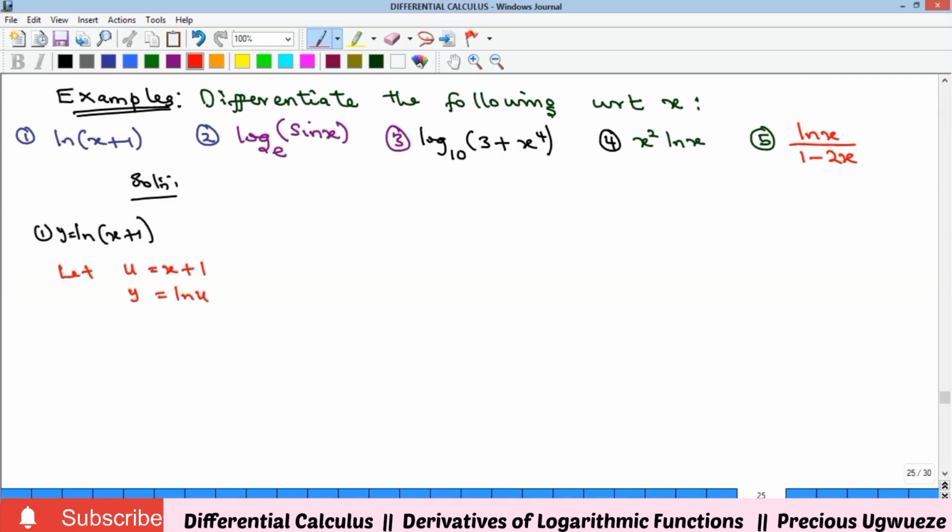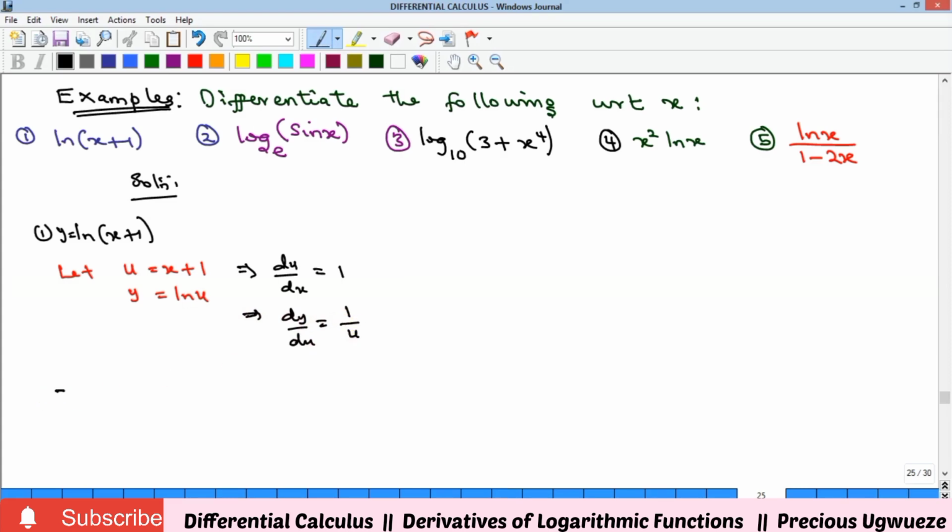If that happens, it means that we can find our du. Our du with respect to x will be equal to 1 if you differentiate this, while dy with respect to u, so if you now differentiate y with respect to u, which is this one, you are going to get by what we said initially, 1 all over u.